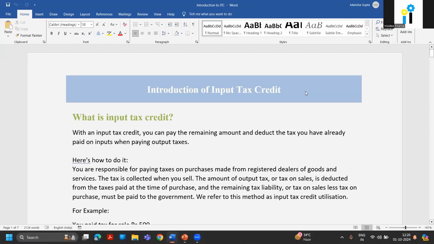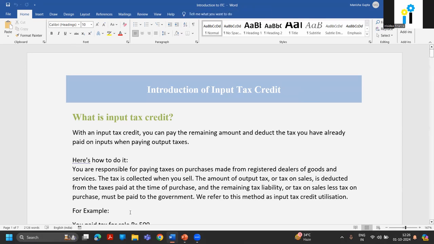So first, what is input tax credit? Input tax credit means you pay the remaining amount and deduct the tax you have already paid on input when paying output tax. Let me explain.